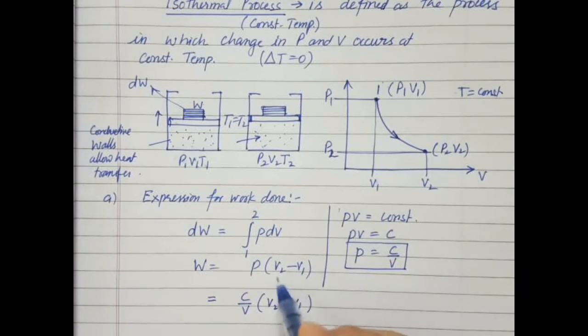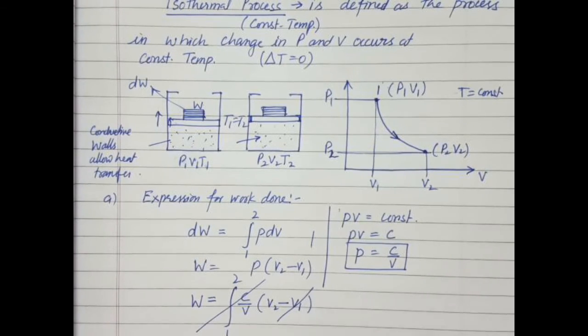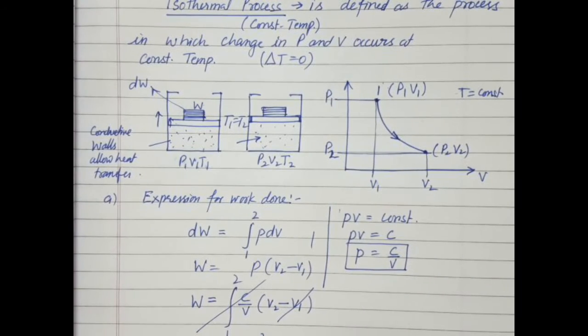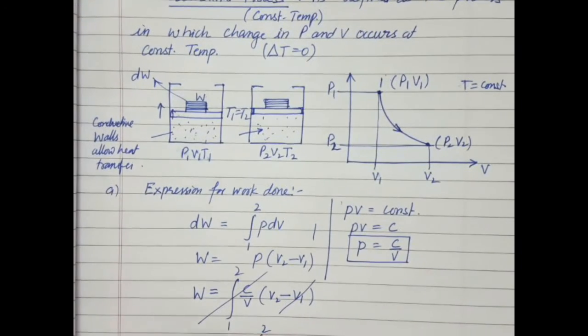So we can also write it in terms of natural log. If we integrate this, let us say dW is equal to the integral from 1 to 2 of P dV.